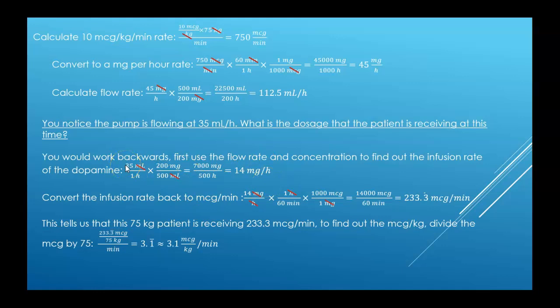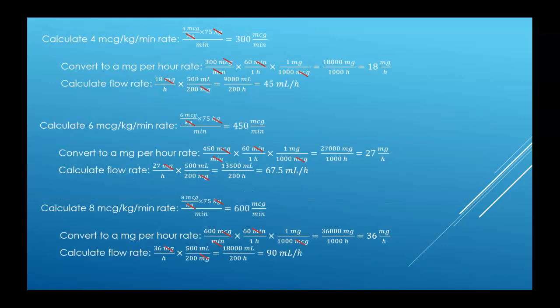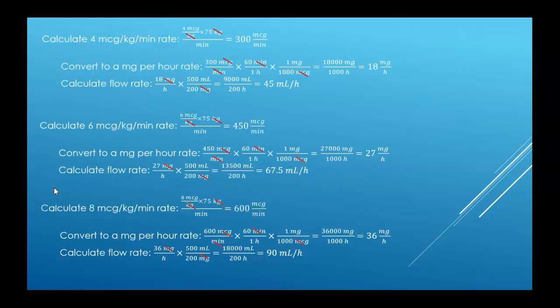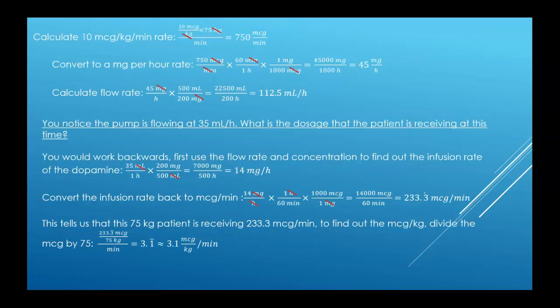So if it's flowing at 35 milliliters per hour, we work backwards and we find the D rate right here in milligrams per hour. So the flow rate times the on hand gives us our dosage in milligrams per hour.